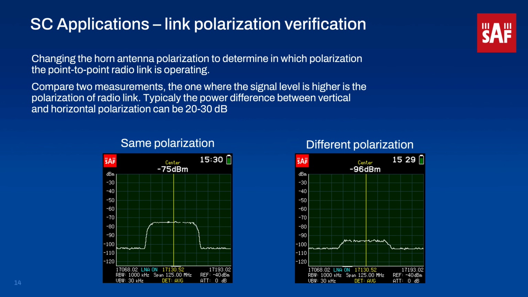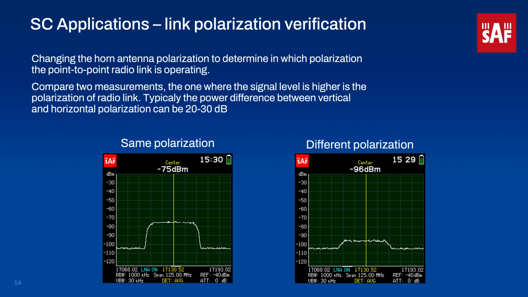The way to do it is to use the horn antenna, which is in a single polarization. Depending on the orientation of the horn antenna, it can be in vertical or horizontal polarization. But what we are looking for is whether the horn antenna is set in the same polarization as the radio links or in a different polarization.